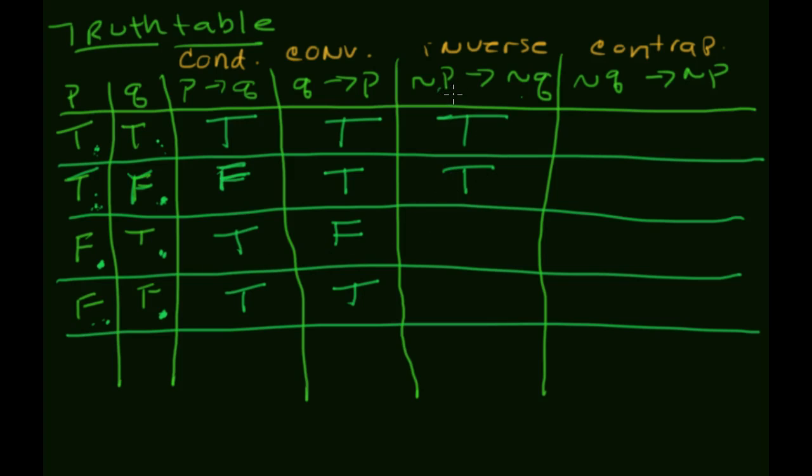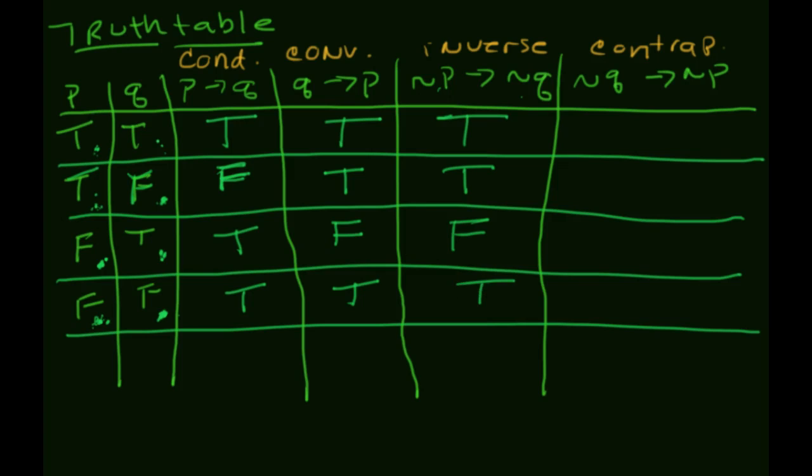Okay, so let's look at this. Not P, false. False becomes true. Not Q becomes false. This is true, false. That's the only way I can get false. True, false. And now I have not P, so not false is true. Not Q, not false is true. So that's true, true gives me true.